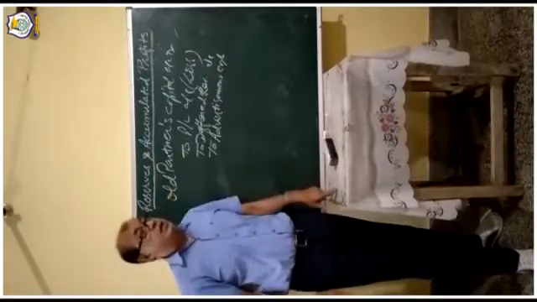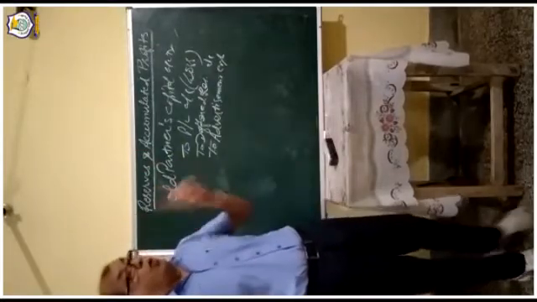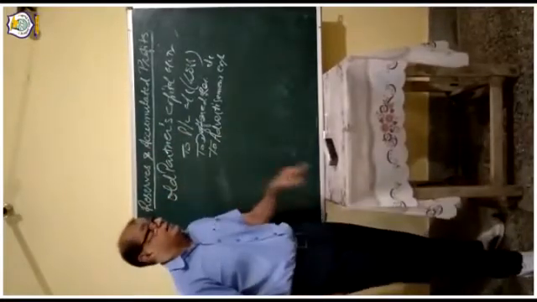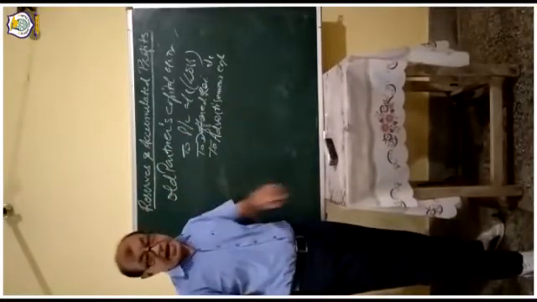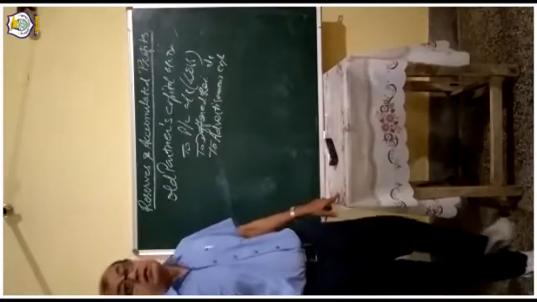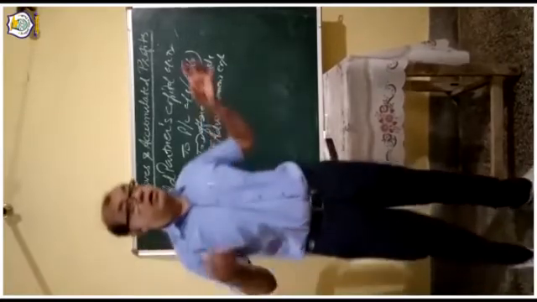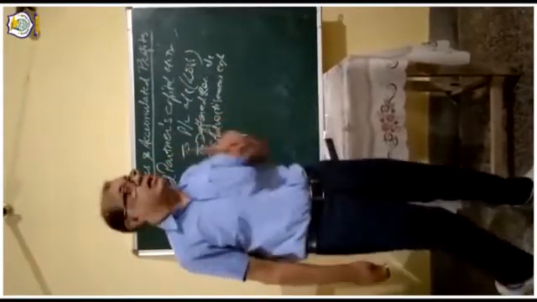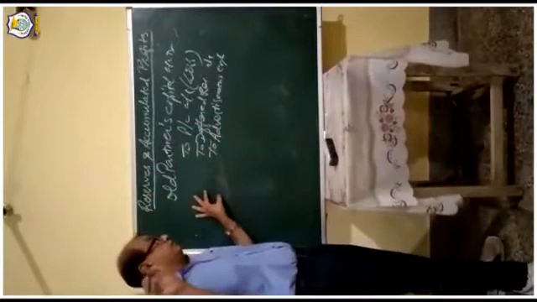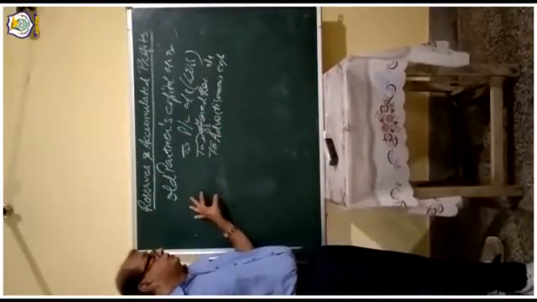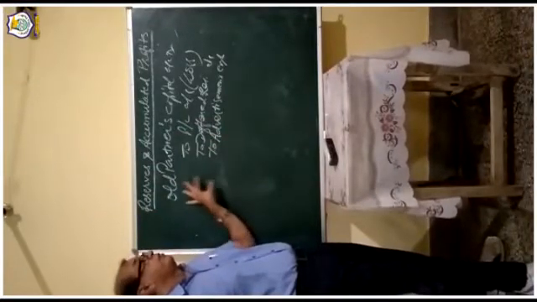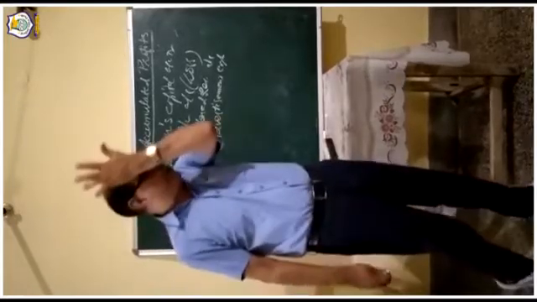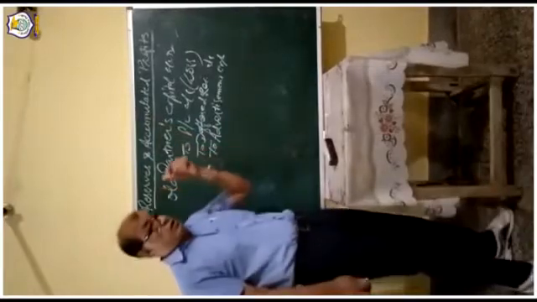Pay attention that it should be only in the old profit sharing ratio, because sometimes students make the mistake of distributing in the new profit sharing ratio. That mistake may occur, so get alert. Here I am just warning you that you have to distribute such things in the old profit sharing ratio before entering the new partner.